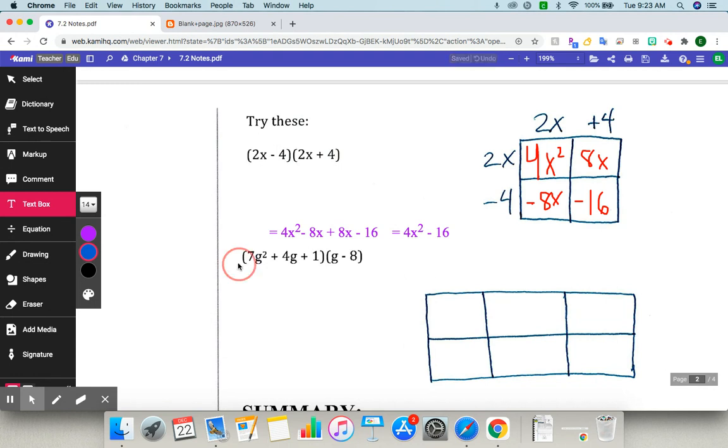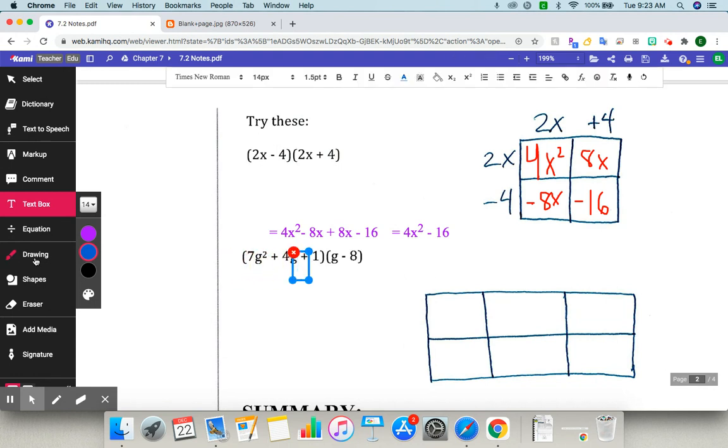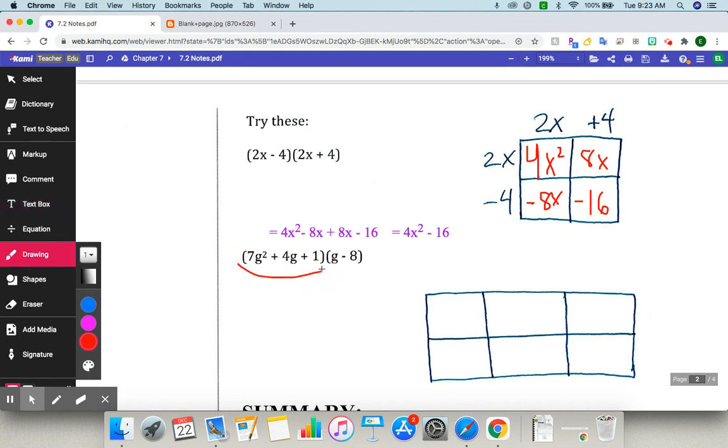And in the second problem, notice we've got 3 terms in the first factor. So that has to go up here where there are 3 spaces for each term. And then the second factor, g minus 8, would go here. Please don't forget that negative 8. It is important as part of your total factor.